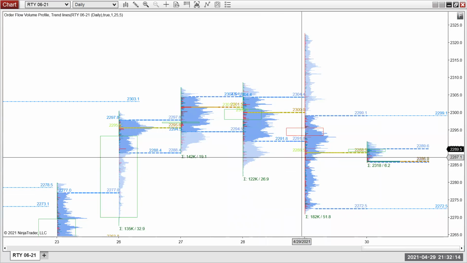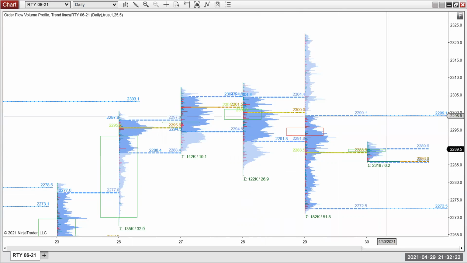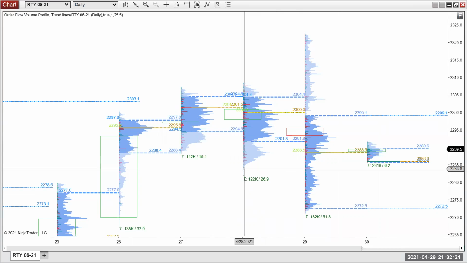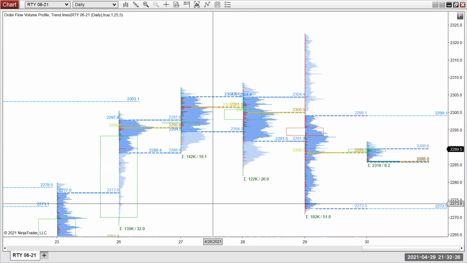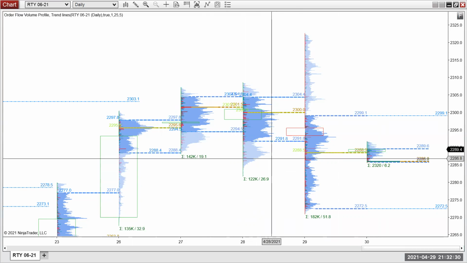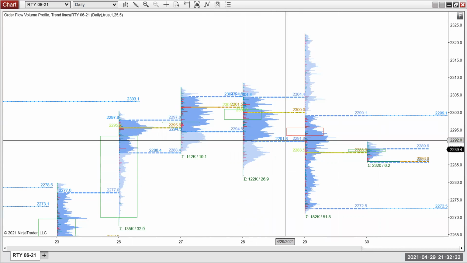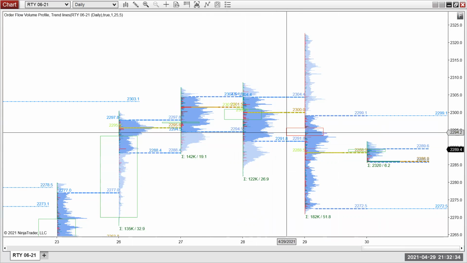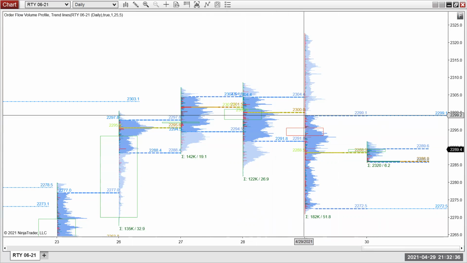If we break the VWAP per se at the 22.88, then start looking for the lows at the 77 area to the 72. If we don't, then I'm looking at higher, the 90s, 94, 95 area into the 2300 there. So that would be the target in RTY.